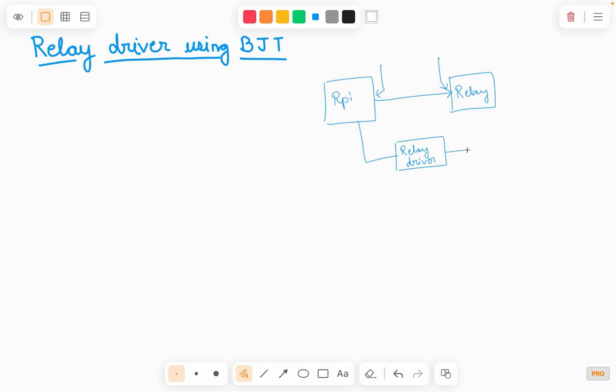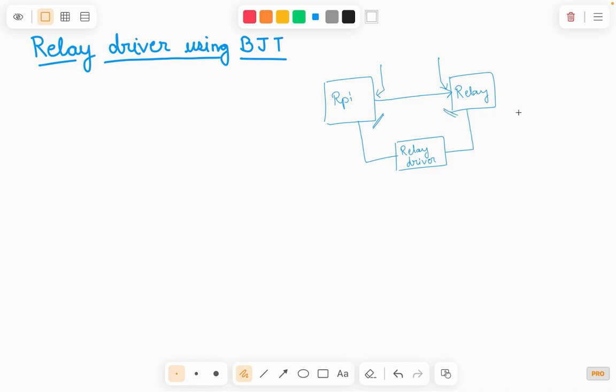And then it allows the relay to draw a higher amount of current which is required by the relay to function properly. So the relay driver acts as a bridge between these two devices, and basically it allows a low power device, which in this case is the RPi or could be Arduino, to drive a higher power device, which in this case is a relay.